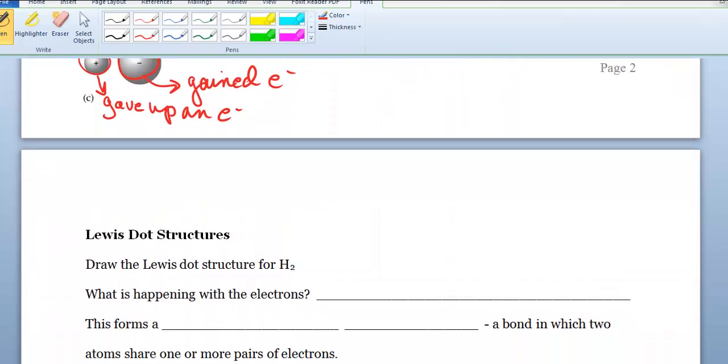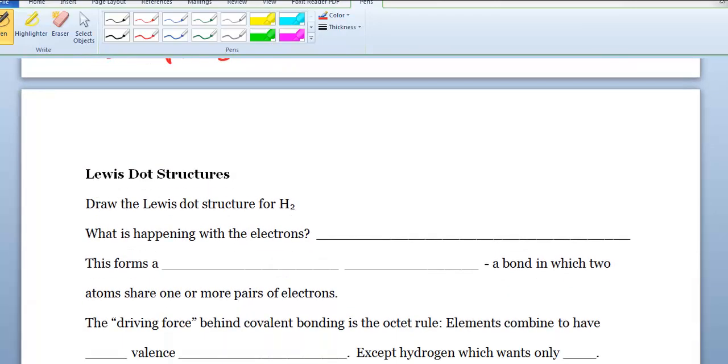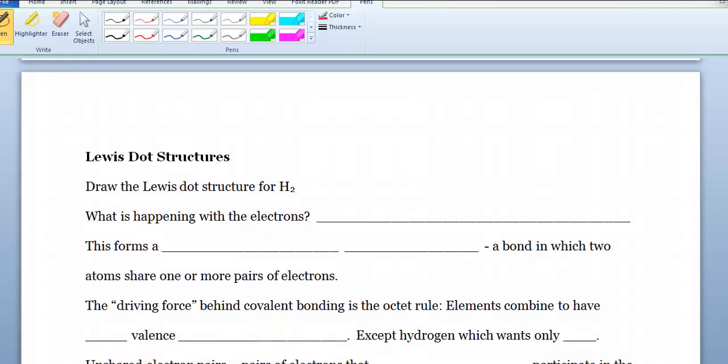Ionic bonding, we're not going to touch too much on. Most of our time is going to be spent doing covalent bonding. So Lewis dot structures are most useful for covalent bonding. They can illustrate a little bit of ionic bonding, but ionic bonding is fairly simple. Covalent bonding is a little trickier.